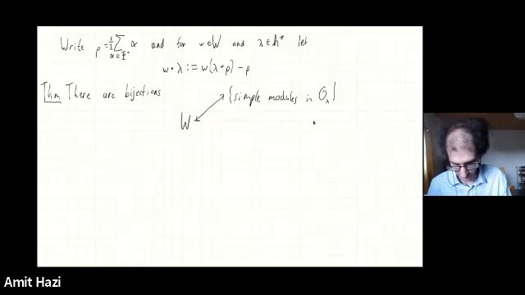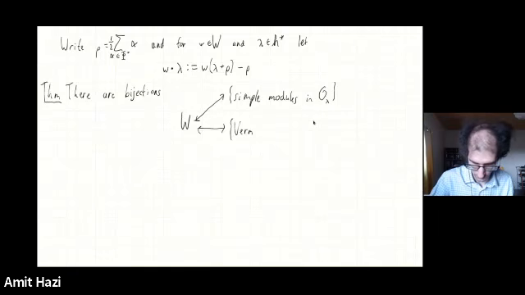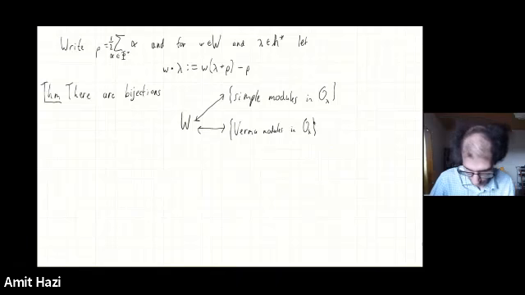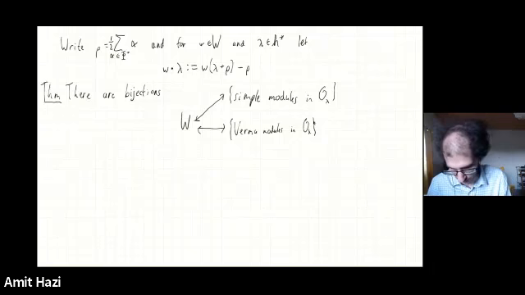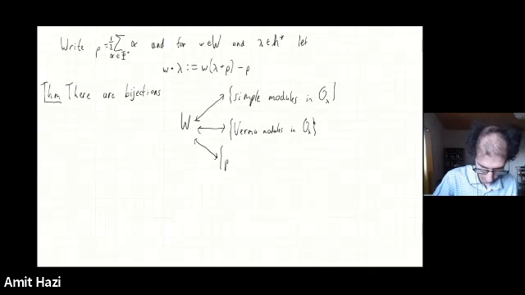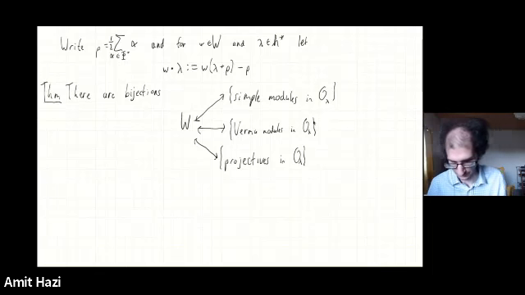And then next, Verma modules in O lambda. And finally, projectives in O lambda. And I should explain how this bijection works.